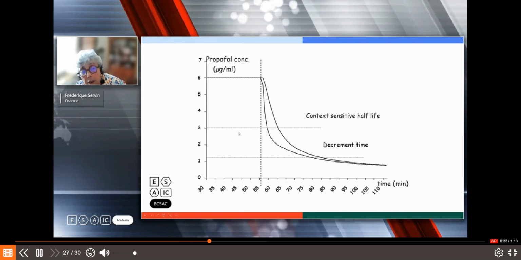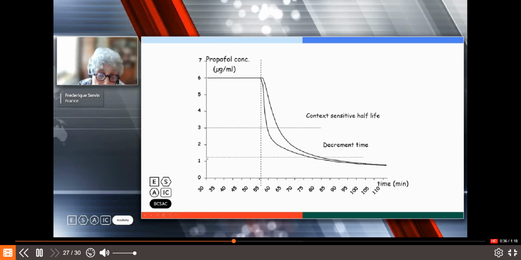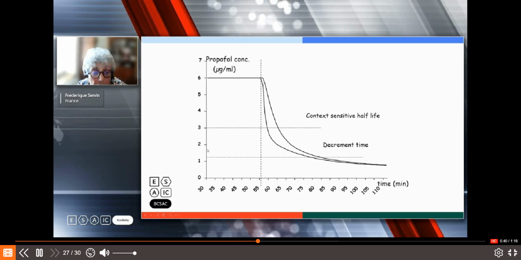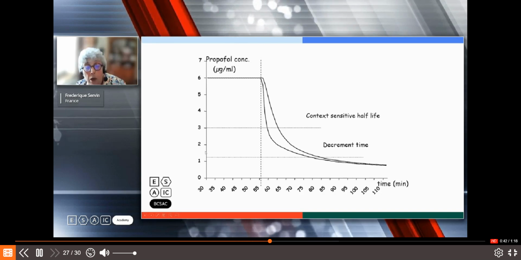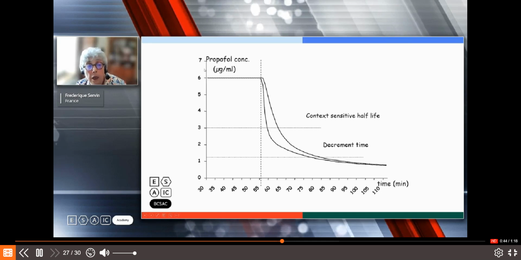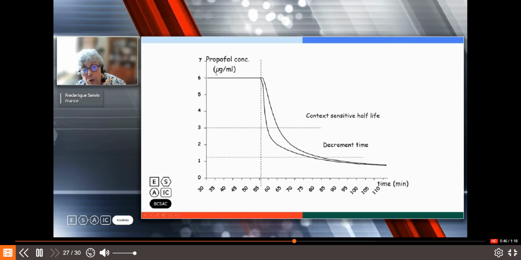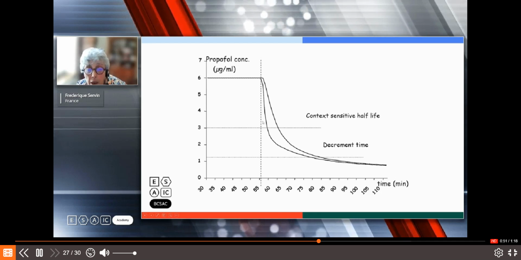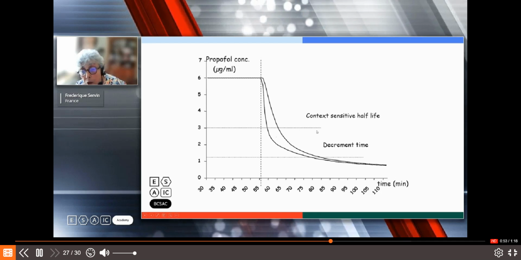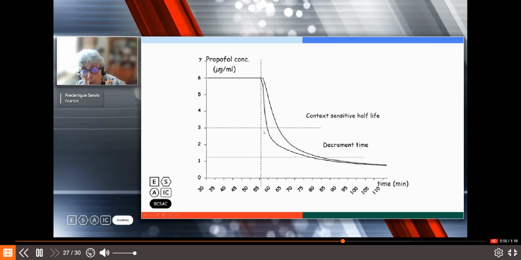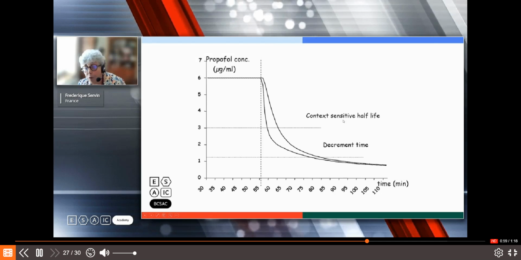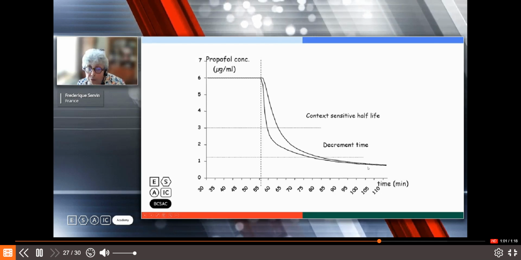But you can see easily that if the concentration at which the patient will open their eyes is 1.2 micrograms per mL, and you have been infusing at 6 micrograms per mL, when you reach the context-sensitive half-time the concentration will be 3 micrograms per mL, and you are far from recovery.